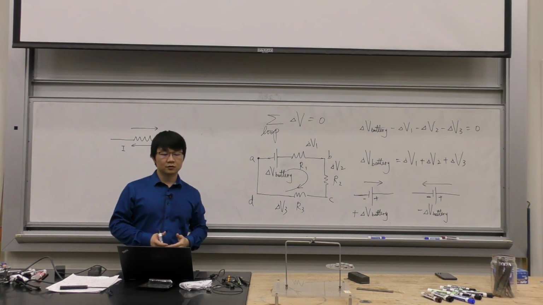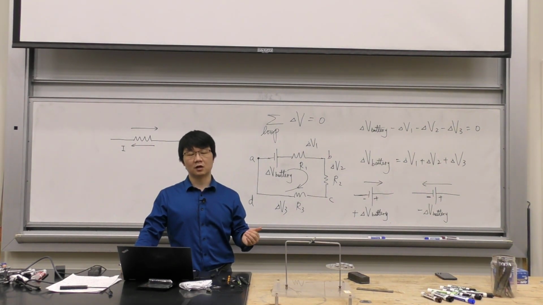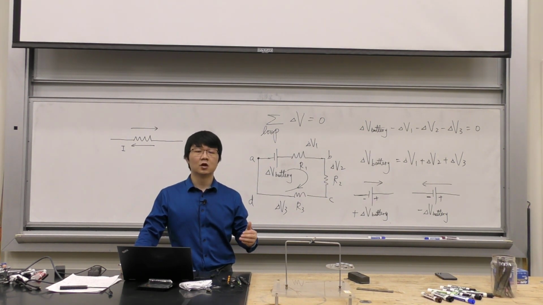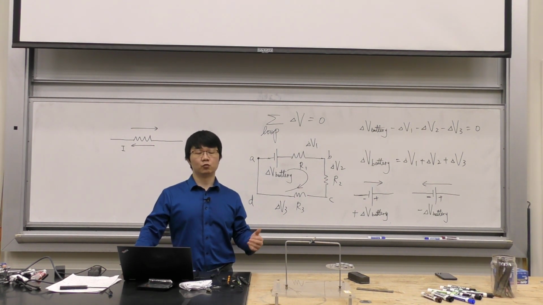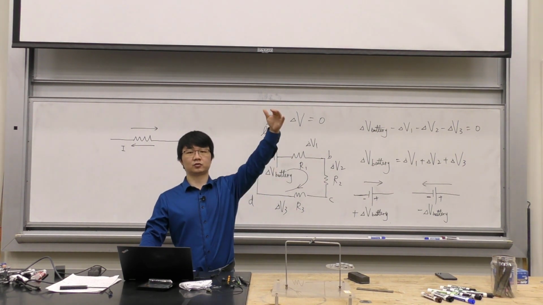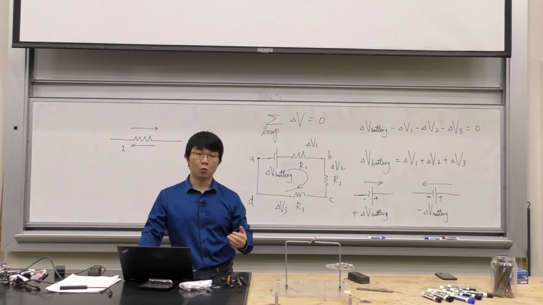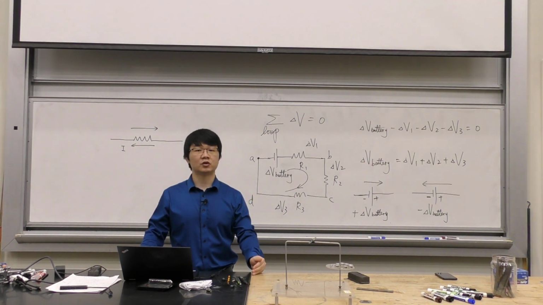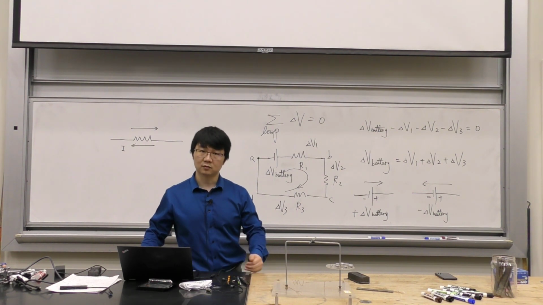Due to gravity, without any other external force, water is naturally always going to flow downhill, right? Water always flows from a higher potential to lower potential. So imagine current is like water in a circuit. Current always flows from higher potential to lower potential. Current always flows downhill, okay?